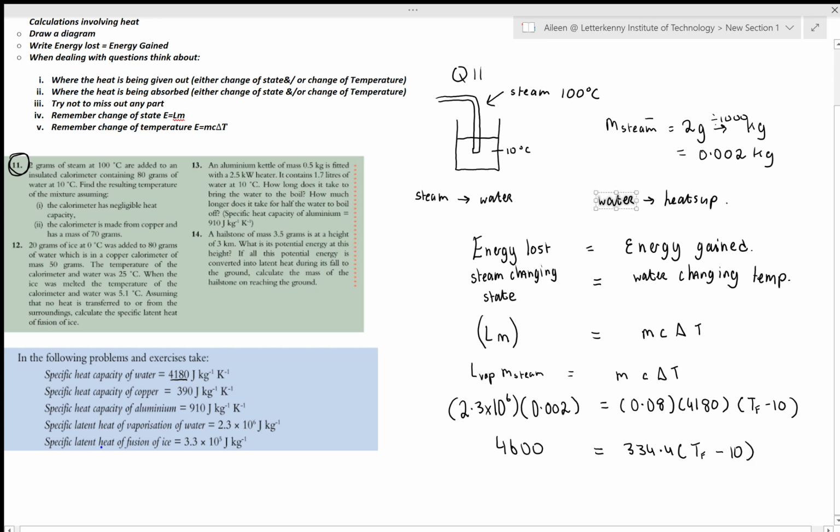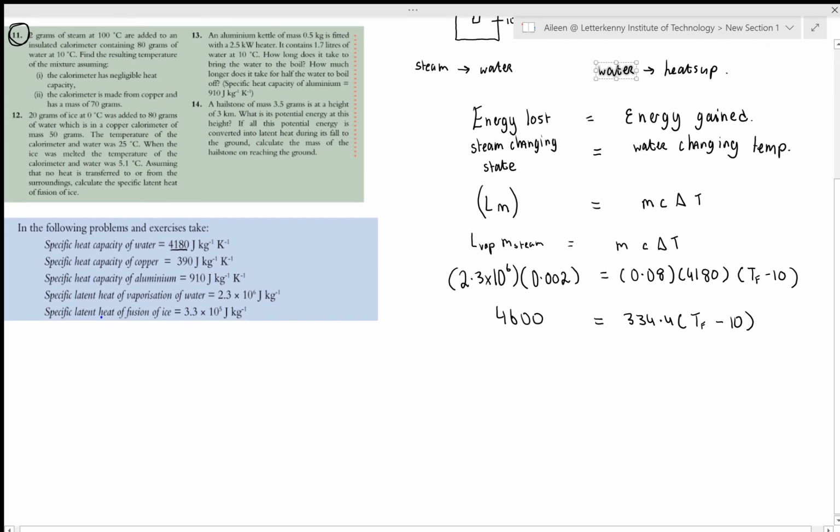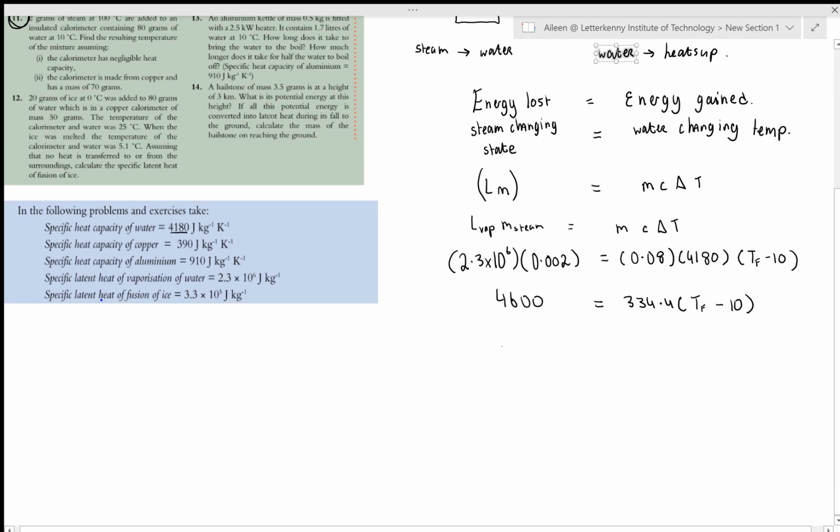Let's keep expanding and solving. I have 4,600 equals. So here I must multiply 334.4 by everything inside my brackets.